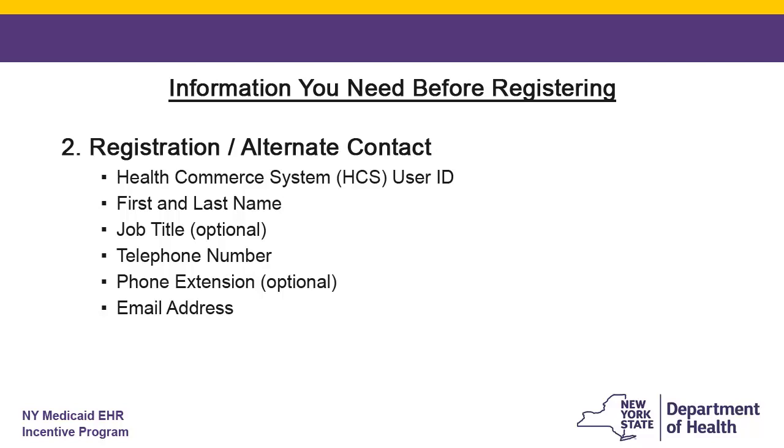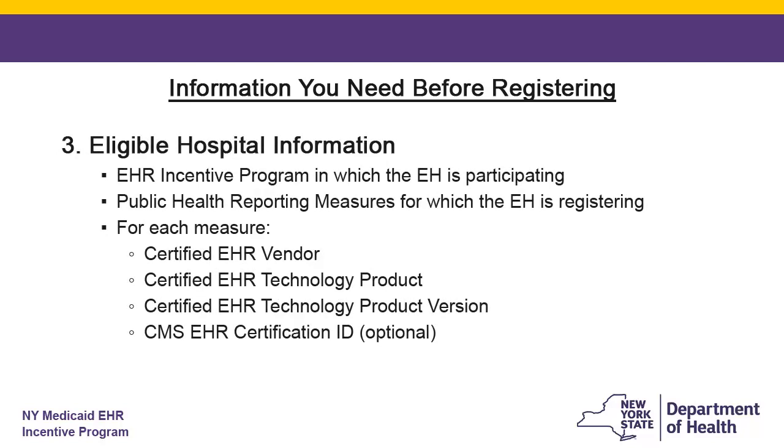All the mandatory fields will be populated by the system for the registration and alternate contacts based on their HCS information. You may choose to complete the optional fields. Finally, you will need to know which program the hospital is participating in and the public health reporting measures the hospital is registering. For each measure, you will be required to enter certified EHR information.